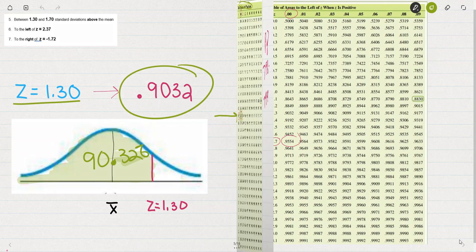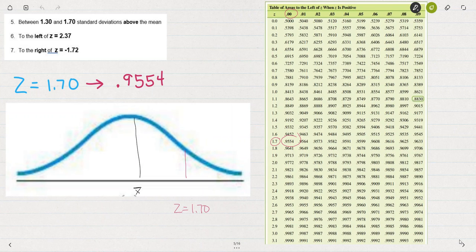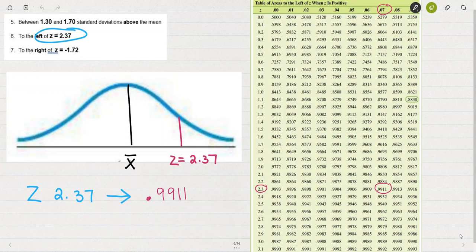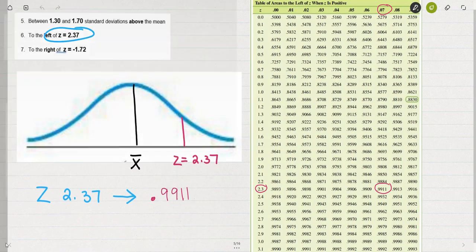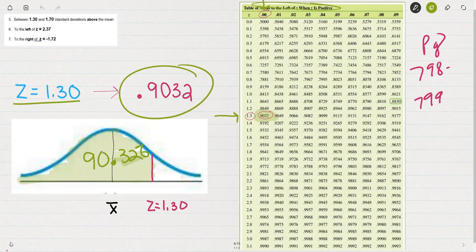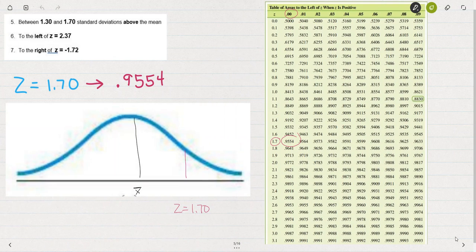If I find the score for z equals 1.30, oh, it looks like I skipped that one. Let me make sure. 1.30 was here. So now I'm doing 1.70. Apologize for that. The z score of 1.70 gives us a decimal of 0.9554, which as a percent is 95.54%.